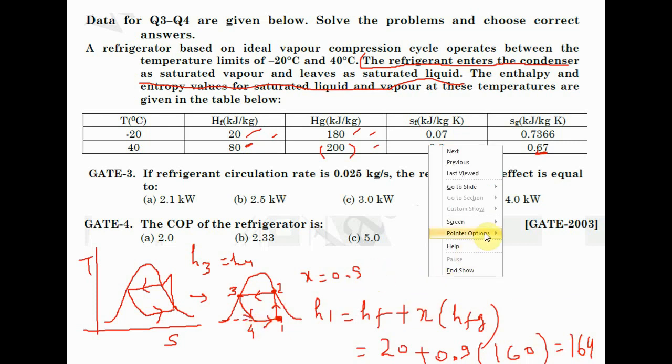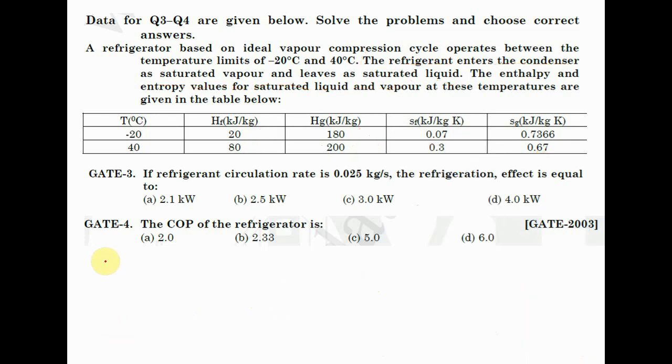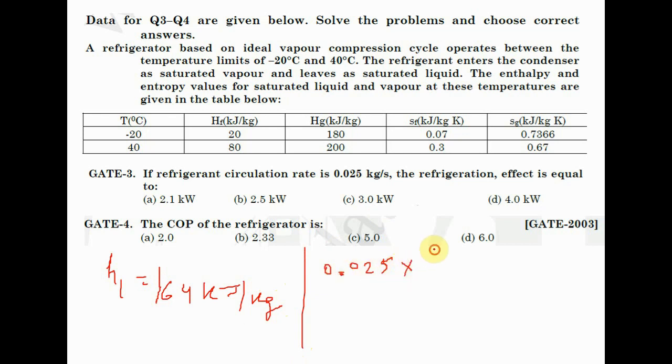Okay, H1 you got, so I am erasing everything now. H1 value is 164 kilojoule per kg. What do we have to find? We have to find the refrigeration effect. I already told that the refrigeration effect is the mass flow rate 0.025 times H1 minus H4.